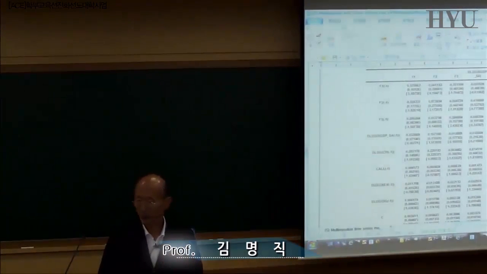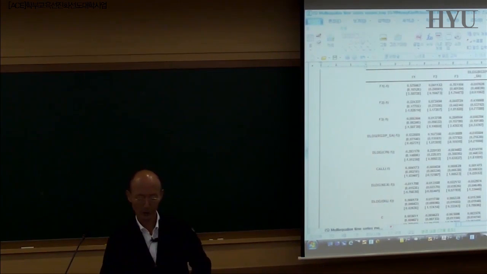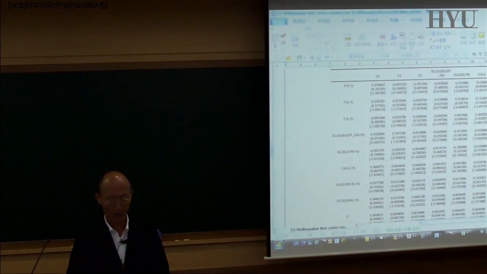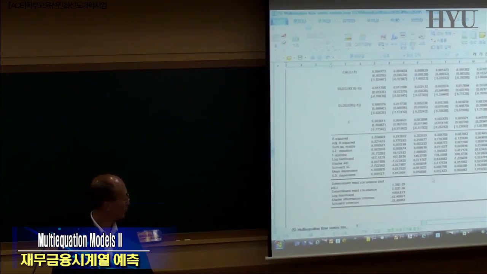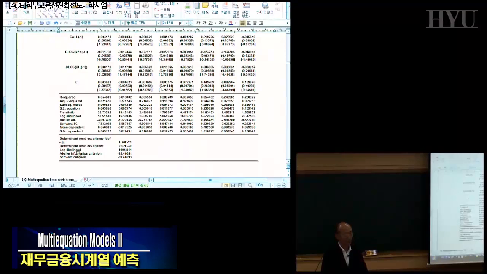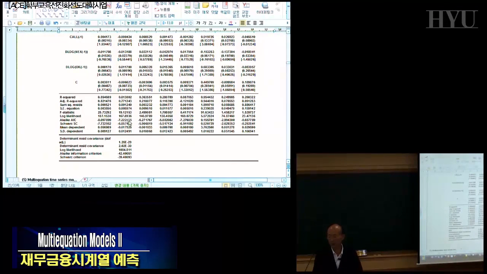This is the output from VAR estimation we've seen last time. And I mentioned the way we select the optimal lag for the VAR(p) process is to check this information criterion.